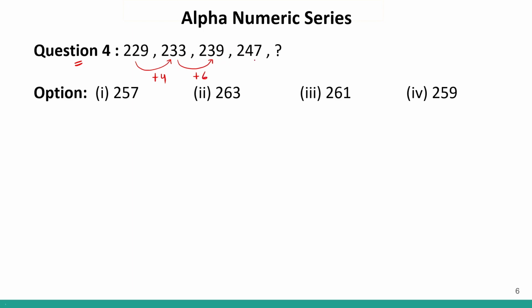From 239 to 247, this is an addition of 8. So these are even numbers, the differences. Correct. So the next difference will be even, which is plus 10. So if I add 10, I'll get 257. This will be my answer, which is option number 1, 257.